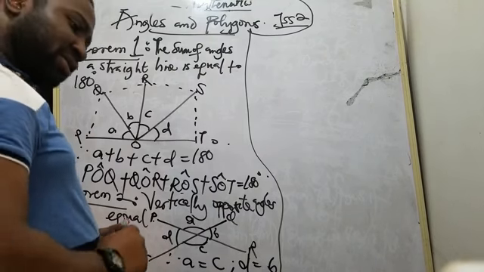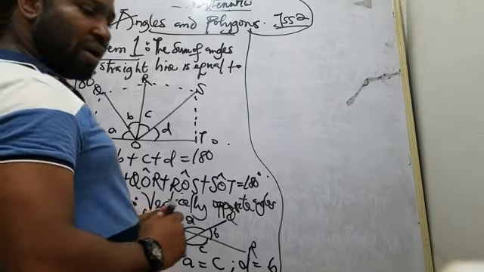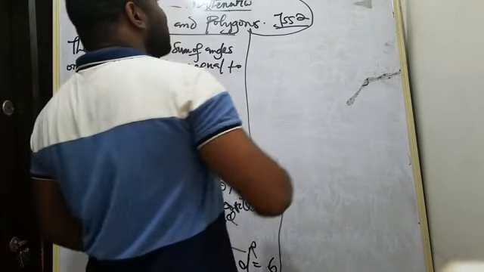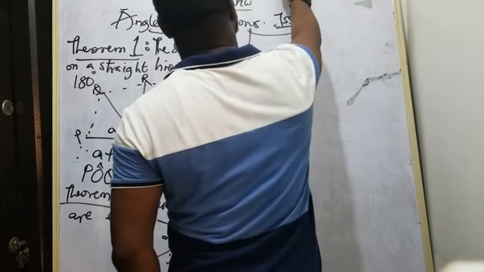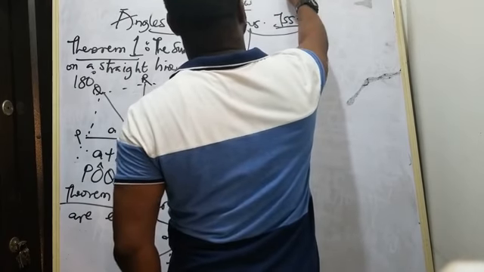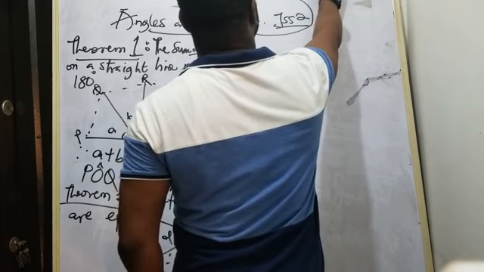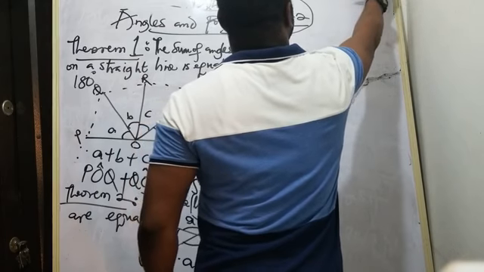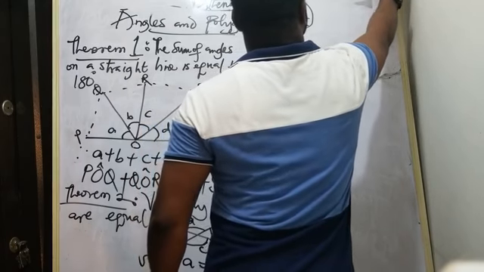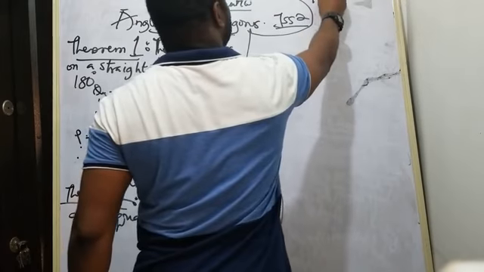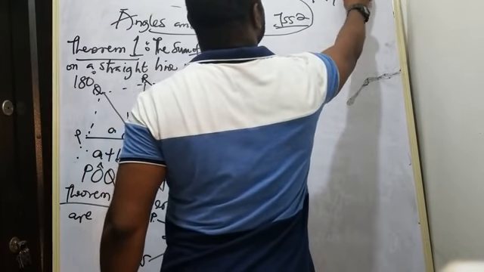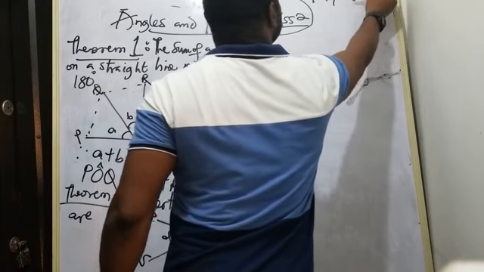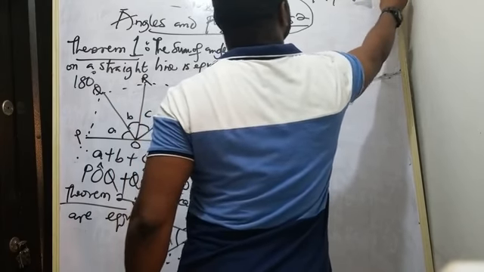Another one is theorem 3: the sum of angles at a point is 360 degrees.